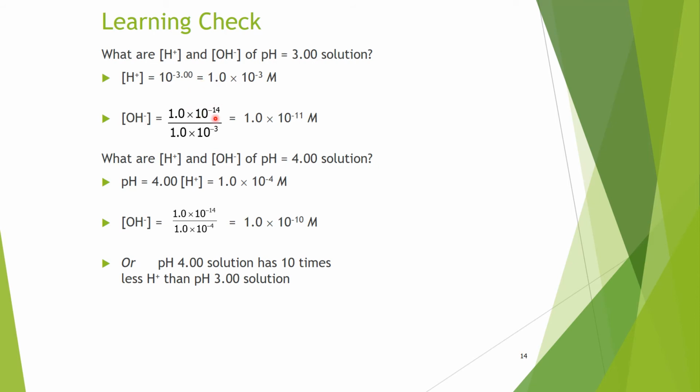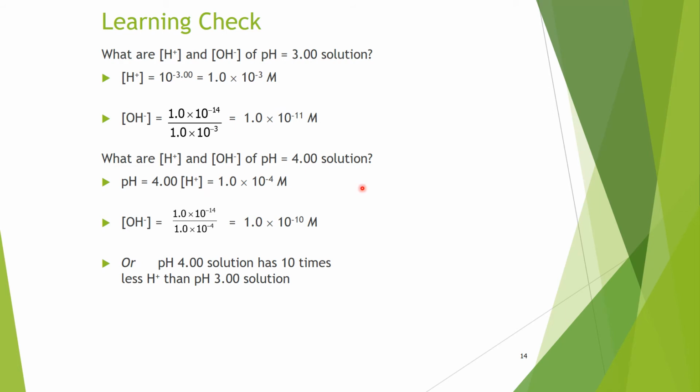Well, Kw equals this times this, so OH minus is equal to Kw divided by the H plus. In this case, there's more acid than base, so this solution would be more acidic. Notice the pH is 3, and the pOH would be 11.